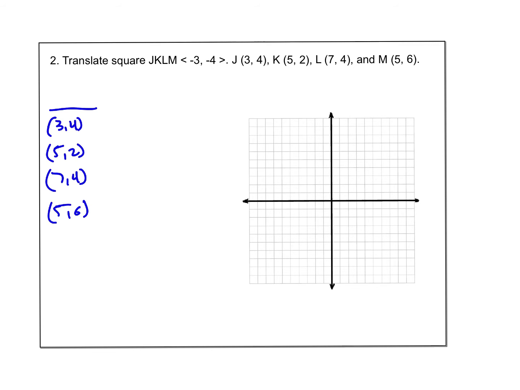So if we just sketch this, 3, 4, that will be J. 5, 2, that will be K. 7, 4, that would be L. And 5, 6, that's going to be M right there. So there's my square.